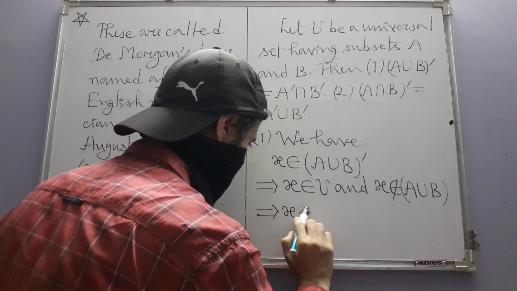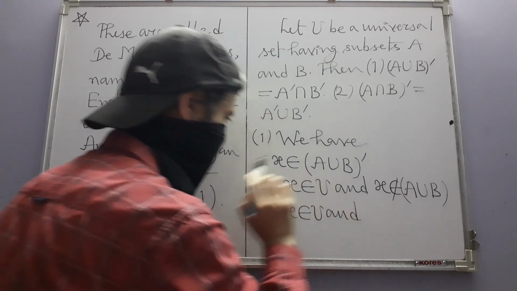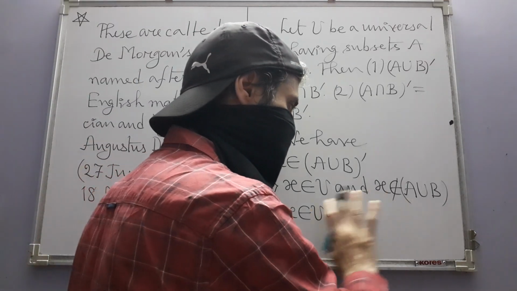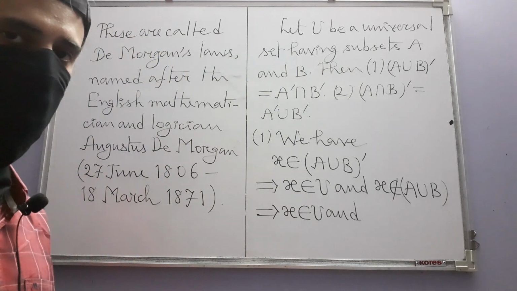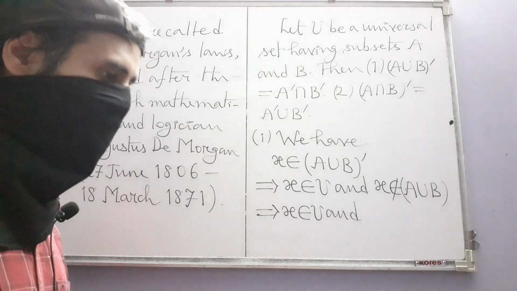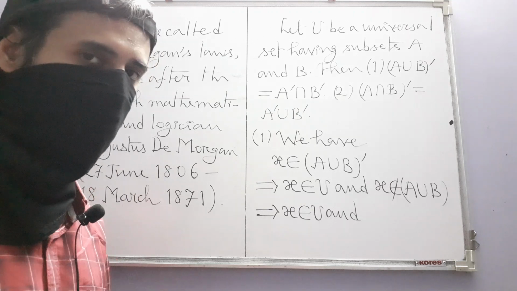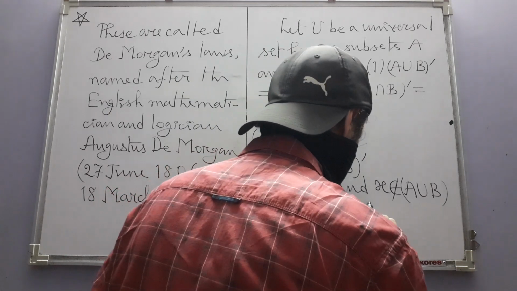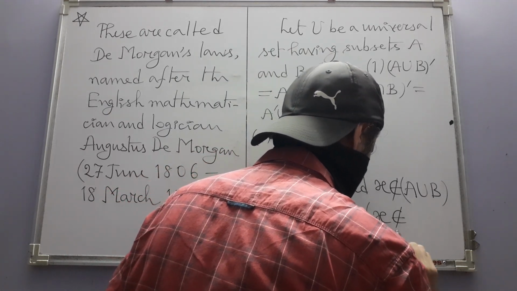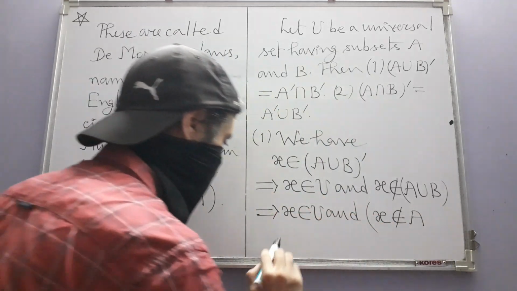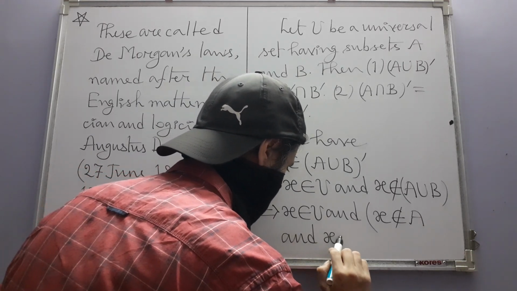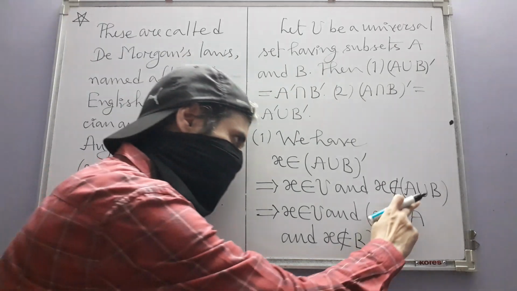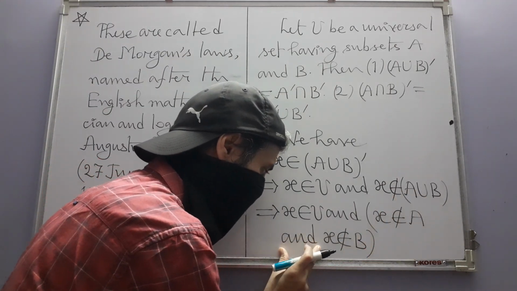Now this implies X belongs to U and, what can you write in place of that? X is not in the union of A and B, which means that X is neither in A nor in B, because if it is in any one of them, it will belong to A union B. So that's why X does not belong to A and X does not belong to B. Do you see that in spite of having union, we are having and here?